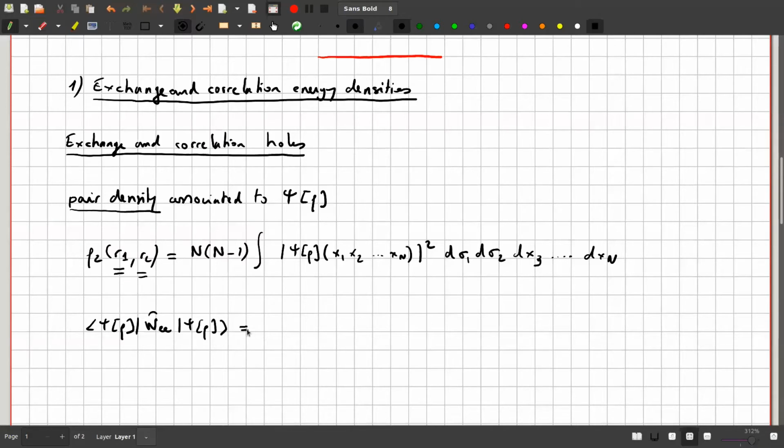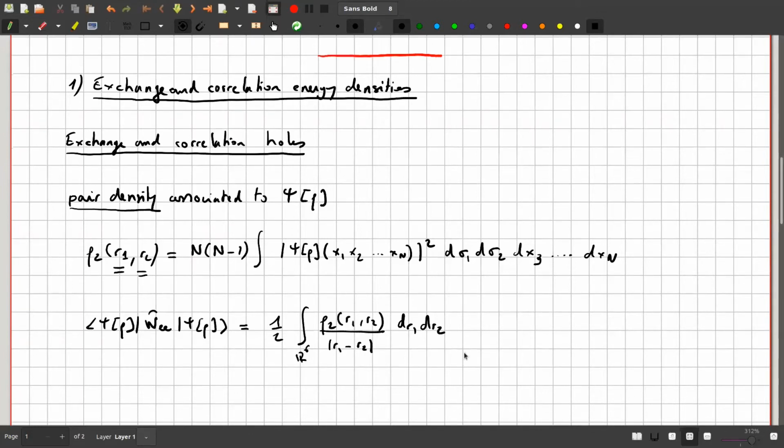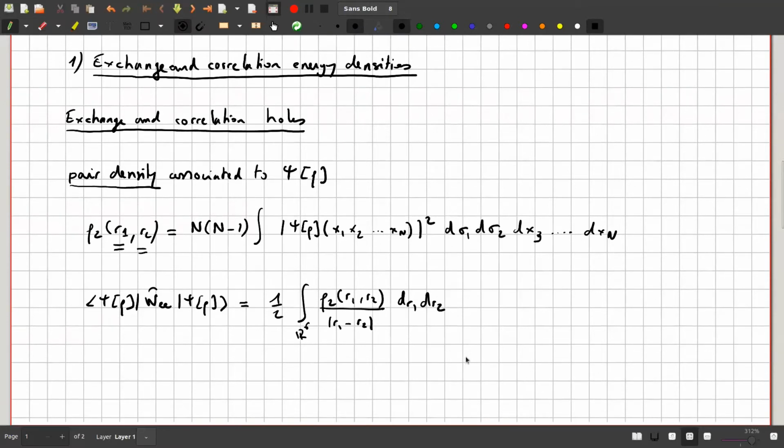Okay, you can show that this expectation value is just 1/2 the integral of this pair density integrated with the Coulomb interaction, integrated over R1 and R2. So that's useful.